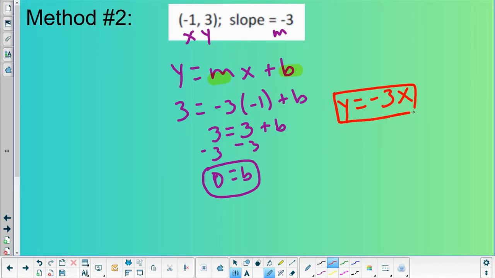This is a method I prefer, just because you don't have to memorize the point slope formula. Just substitute everything you know in for the y, m, and x, but then you have to solve for b, and then make sure you rewrite your equation at the end. It is completely up to you which way you choose.